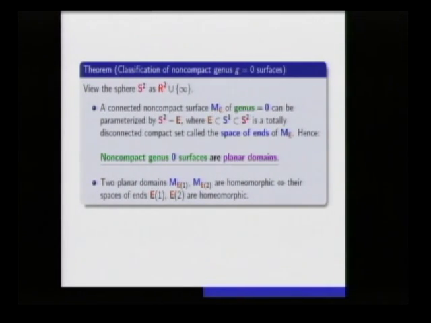So in that very heuristic first point of view, what is an end of a surface or a manifold? It's just different ways to travel to infinity. How do we travel to infinity? We want to do that in a proper way; we don't want to keep coming back near where we started. So we want to do it with what are called proper arcs. So we look at an arc, it starts right here, and then I travel to infinity.